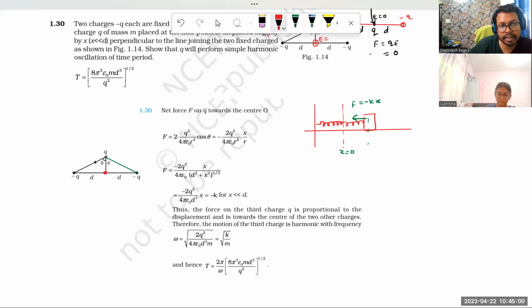And just see that this plus Q will be pulled towards this direction by minus Q, right? If this is F force, this will also be F force, isn't it? Because by symmetry, they are equidistant from each other. Clear? Tell me what is the net force acting on the body?